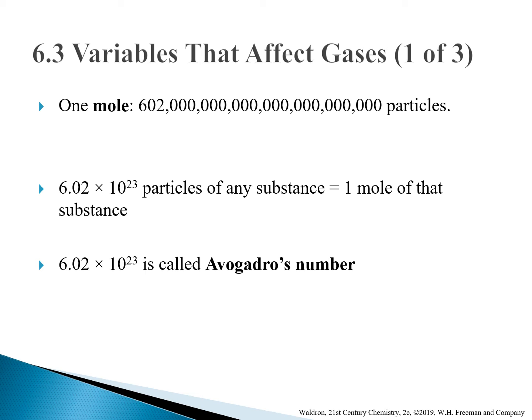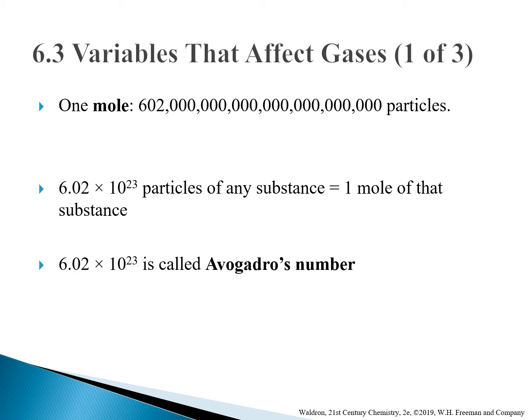A mole is a counting unit that makes it easy to talk about the number of particles in a quantity of substance. It is like the word dozen, which is an alternate way of talking about 12 things, like eggs or oranges. Likewise, we can use moles to count anything.